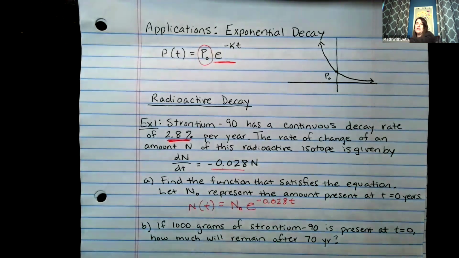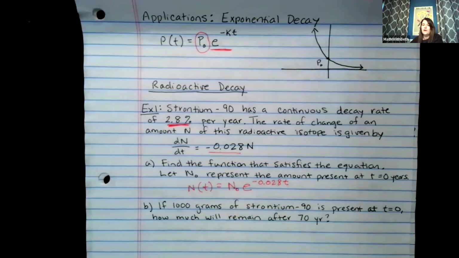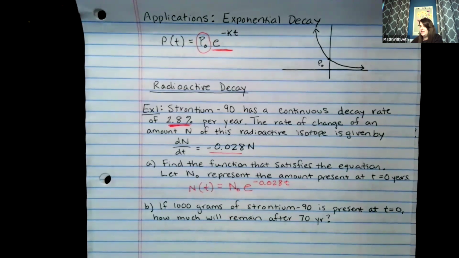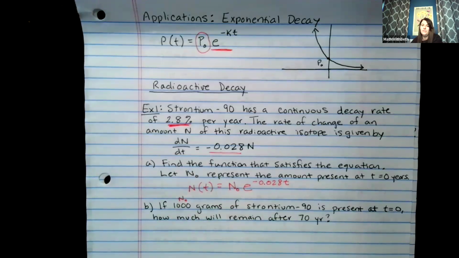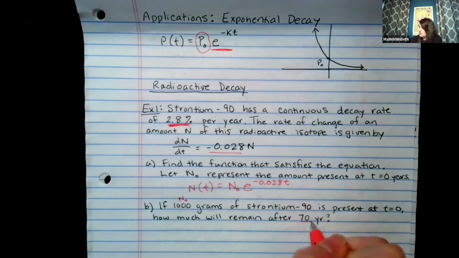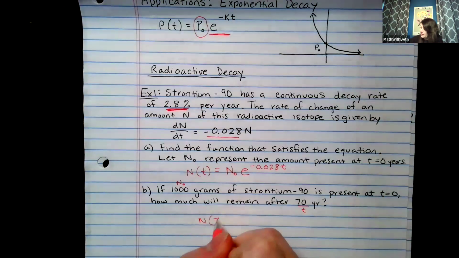So part B is now going to ask us to do something with that equation. They say if 1,000 grams of strontium 90 is present at t equals 0, so basically they're giving us the starting amount, the N sub 0, how much will remain after 70 years? So they're also giving us the t. We would say N of 70.